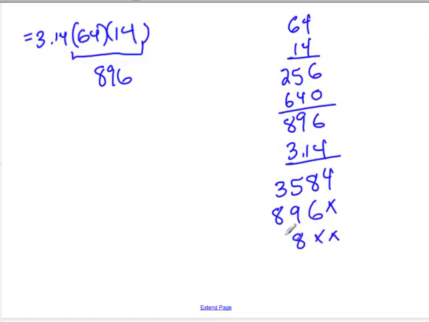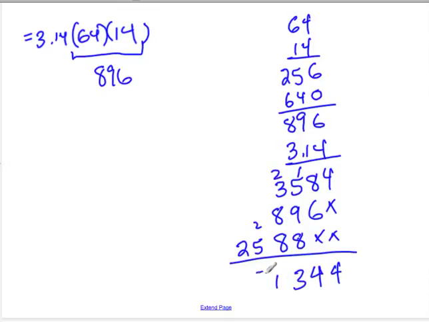Let's see, 18 carry the 1, 8 carry the 2, 25. I think this is right. 4, 8 and 6 is 14, carry the 1 and 5 is 6, 15, 23, 5, 21, carry the 2, 7. So 2713.44. Don't forget the decimal here and the decimal here. 2713.44 is the area of the circle.